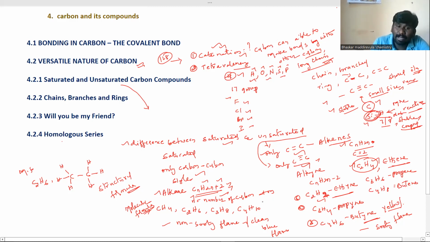Sometimes they may ask for Lewis dot structures from the alkane, alkene and alkyne families. Now I am going to draw the Lewis dot structures of ethane, ethene and ethyne.